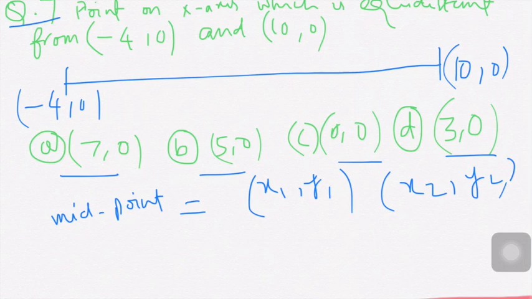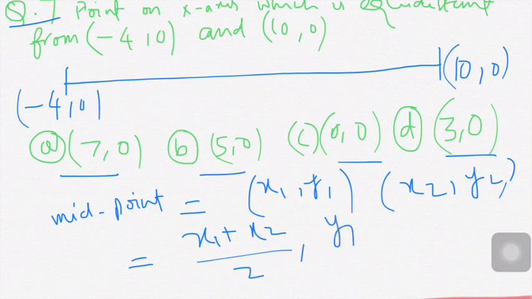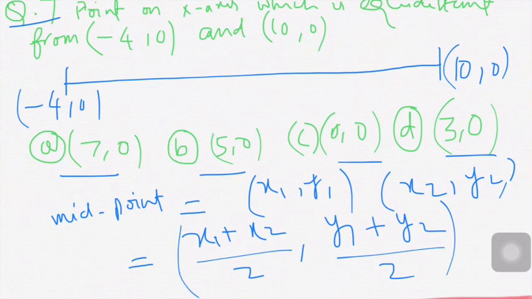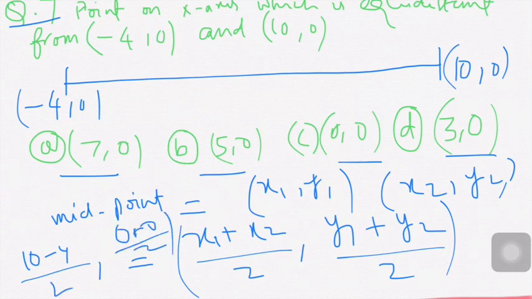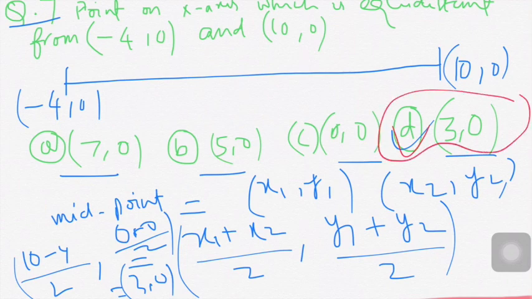So midpoint can be written as x1 plus x2 by 2, y1 plus y2 by 2. This is the simple formula. So if we apply this, we can easily get 10 minus 4 by 2 and 0 plus 0 by 2, which is 3, 0. So here is the answer. So this is the easier one.